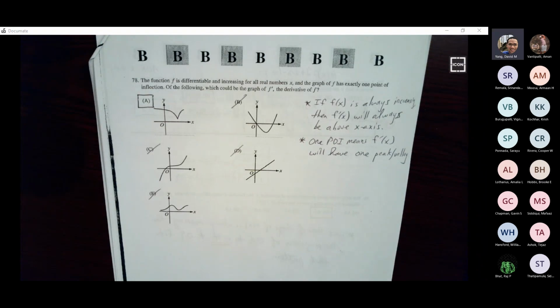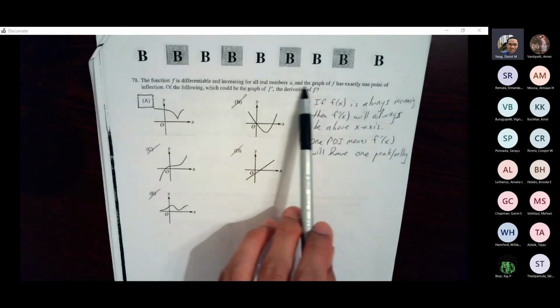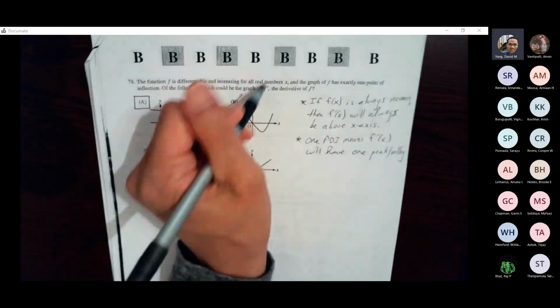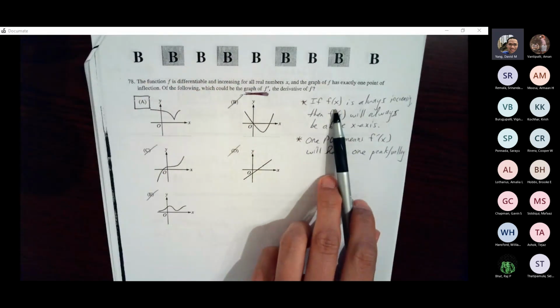Okay, 78. The function f is differentiable and increasing for all real numbers x, and the graph of f has exactly 1 point of inflection. Of the following, which could be the graph of f prime, the derivative of f? So we know that we're dealing with a derivative graph, an f prime graph.